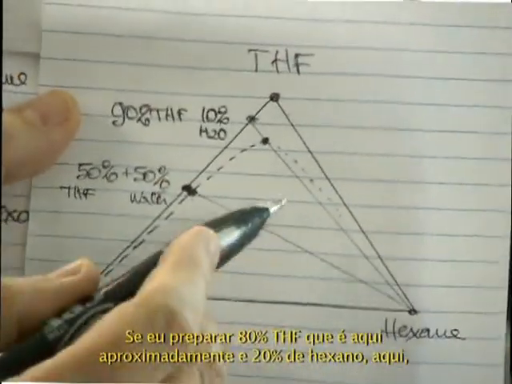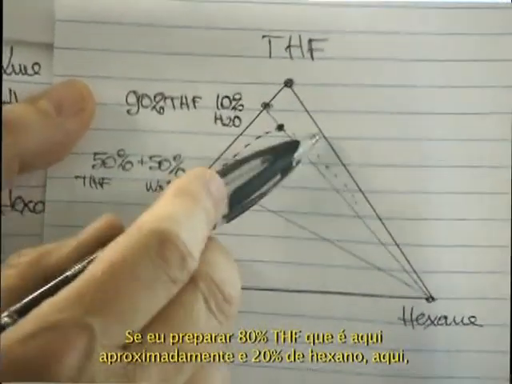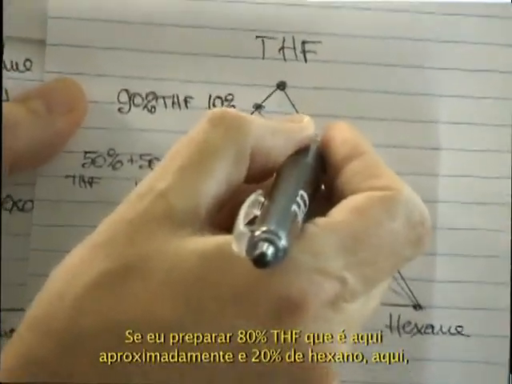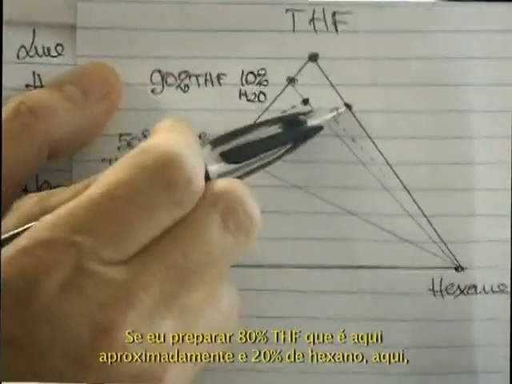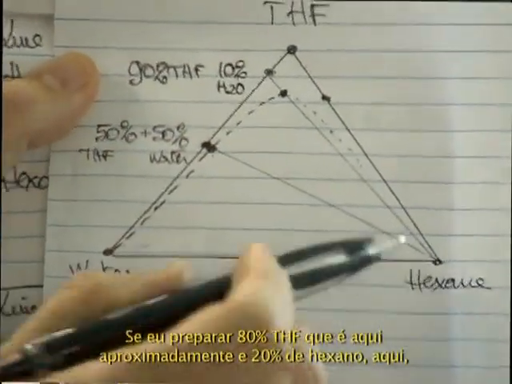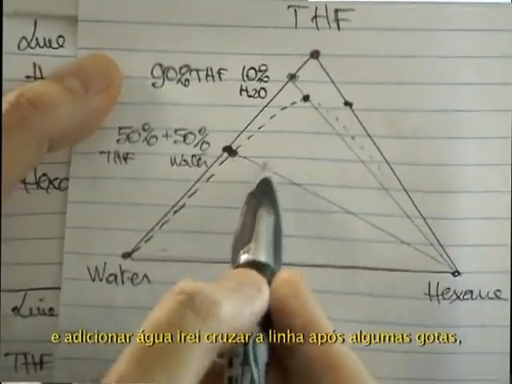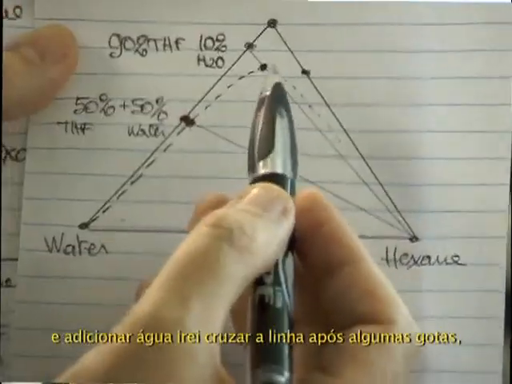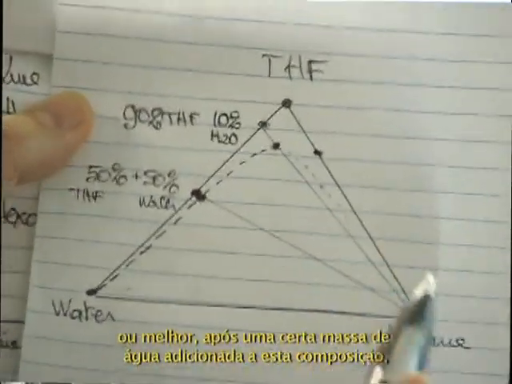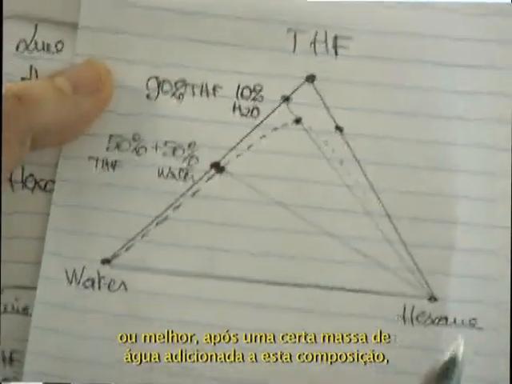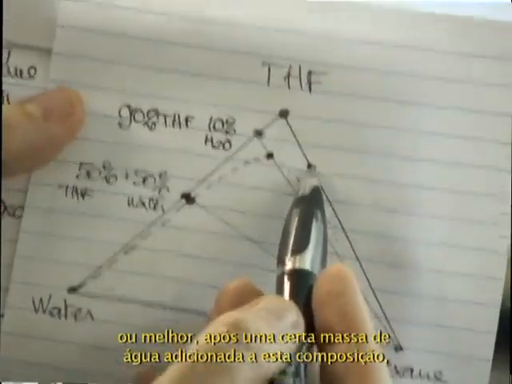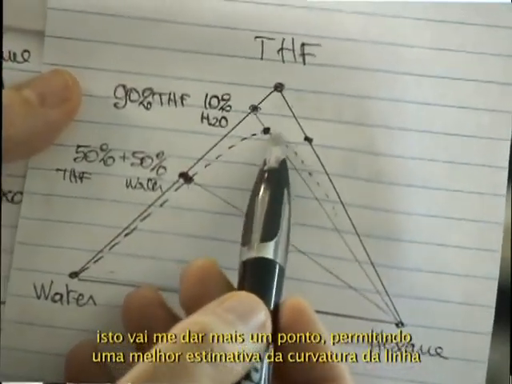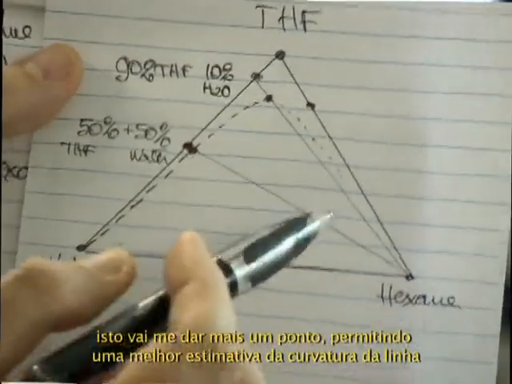So if I prepare 80% THF, I would say 80% is right here approximately, and 20% hexane, and I add water to it, I will cross the line after a few drops, after a certain mass of water added to that composition. That will give me one more point, allowing a better curvature estimation of the line.